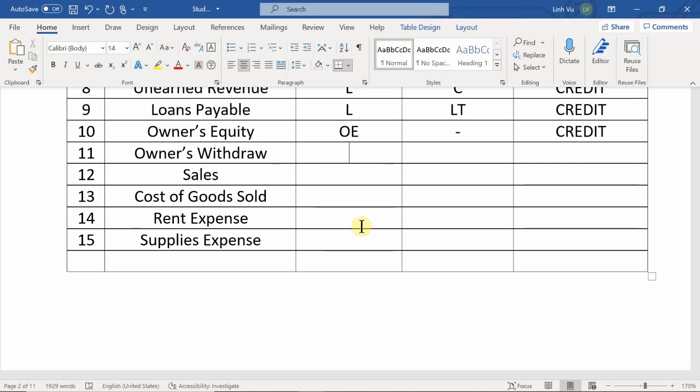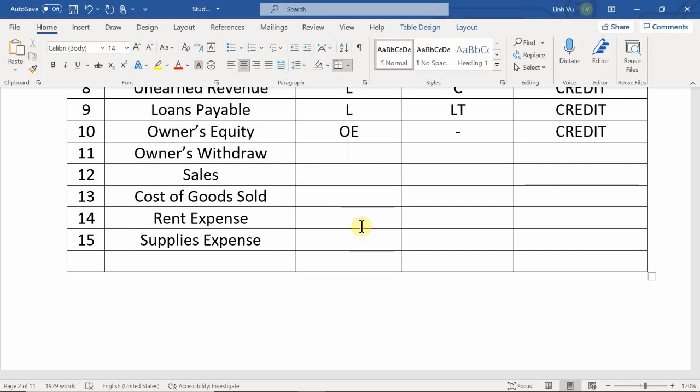Owner's withdrawal is not an expense. It's an equity. Correct. It would be an equity because the owner is withdrawing from the company.